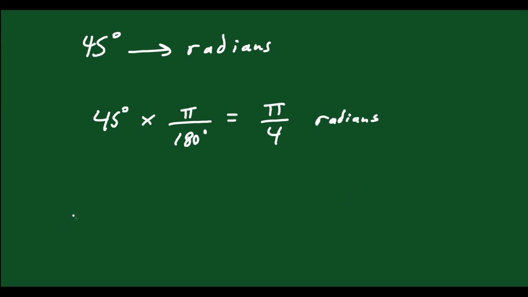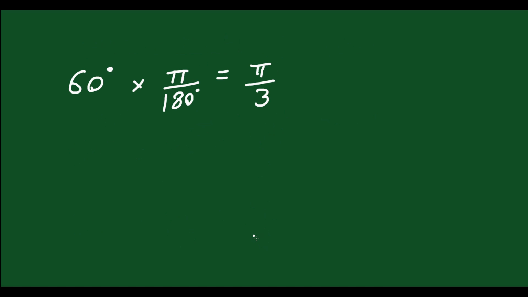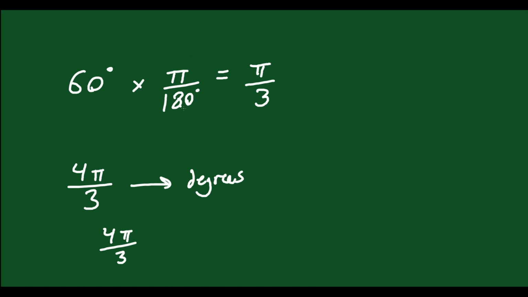Another example would be if you had 60 degrees and you want to put that into radians. Same thing. You do times pi over 180 degrees, and that's going to equal pi over 3 radians, right? You can do the opposite. You can say you have 4 pi over 3 radians, and you want to put that into degrees. How would I do that? Well, for this, you just multiply by the opposite of that conversion factor so that the units cancel.